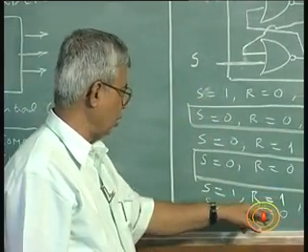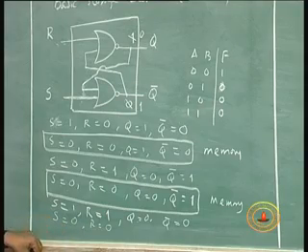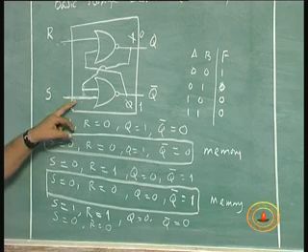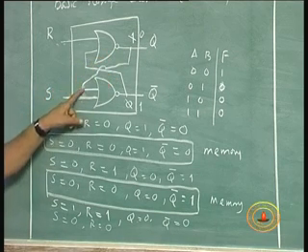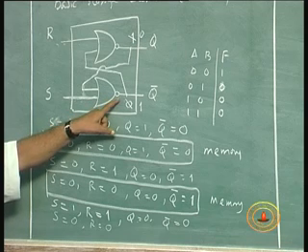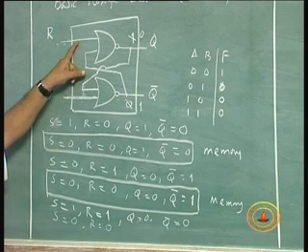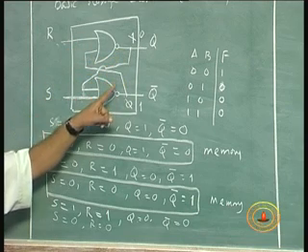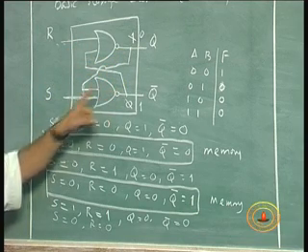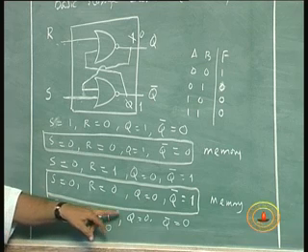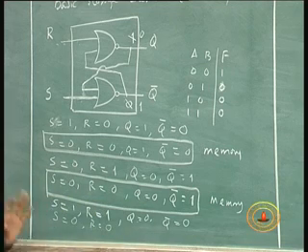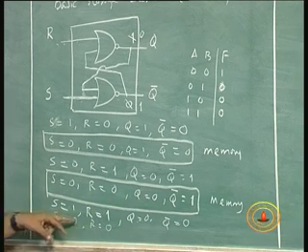So, let us see whether it has that. We will put 0 0 here. What will happen now? Both are 0. Let us assume this was a 0 and this was 0, then the output will be 1, and 1 0 0, so this will be 0 and this will be 1. Do you understand? When S is equal to 1, R is equal to 1, Q becomes 0, Q bar is equal to 0, and then after that I put S is equal to 0, R is equal to 0.